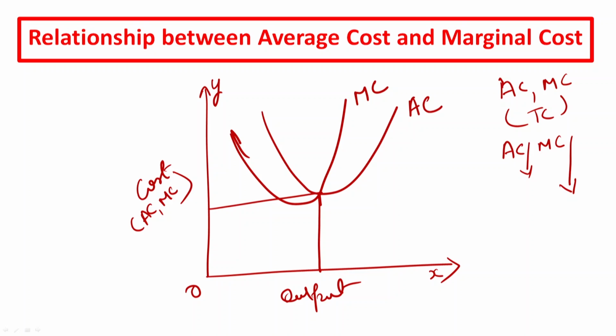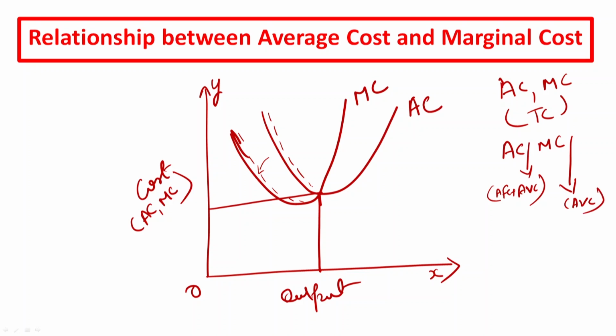So, you can see that when this average cost was falling, marginal cost was also falling, but your marginal cost is below the average cost. Why this? Because your average cost consists of average fixed cost plus average variable cost, whereas your marginal cost consists of only average variable cost.